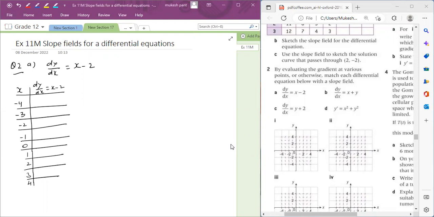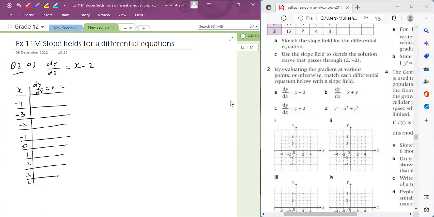Since this differential equation is given in terms of x, I'm writing the x values here, and in the second column the gradient, I mean dy over dx, right? The y value is not here, like in the previous question. So let's start to find the gradient at each point.